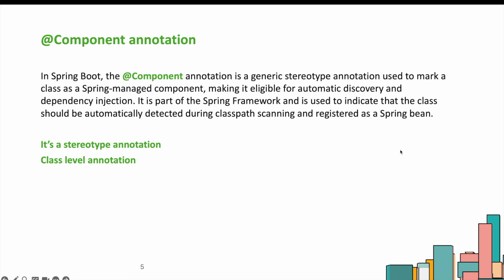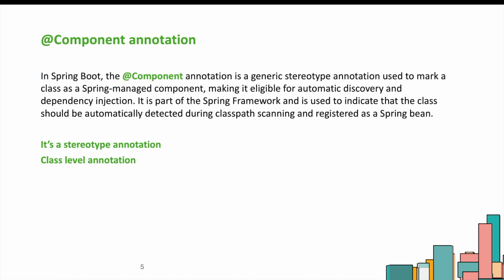So we will be using the component annotation. We will create a class, put the component annotation on the top of the class, and inside we'll create an entity object and call the service layer from the component. The component annotation is a stereotype annotation.